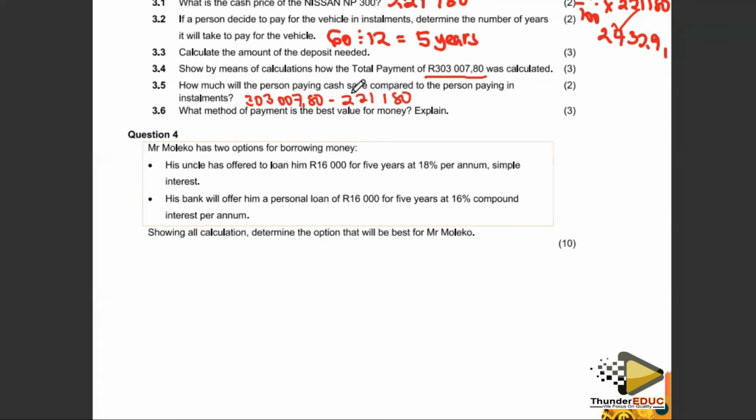Whatever remains is what the person would have saved, which is around 81,827.80 cents.